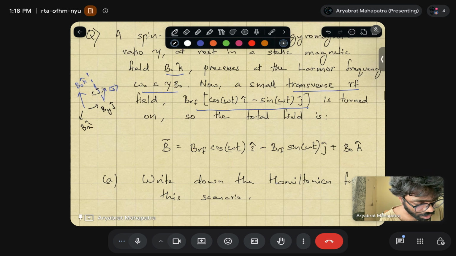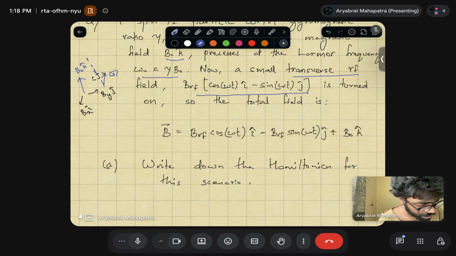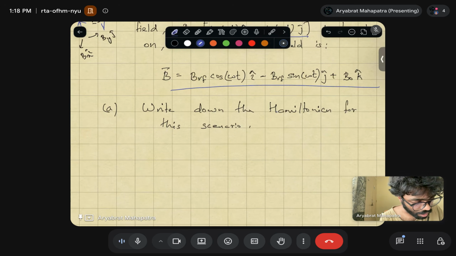Then your total magnetic field is this. So first you have to see what your Hamiltonian is in this case.